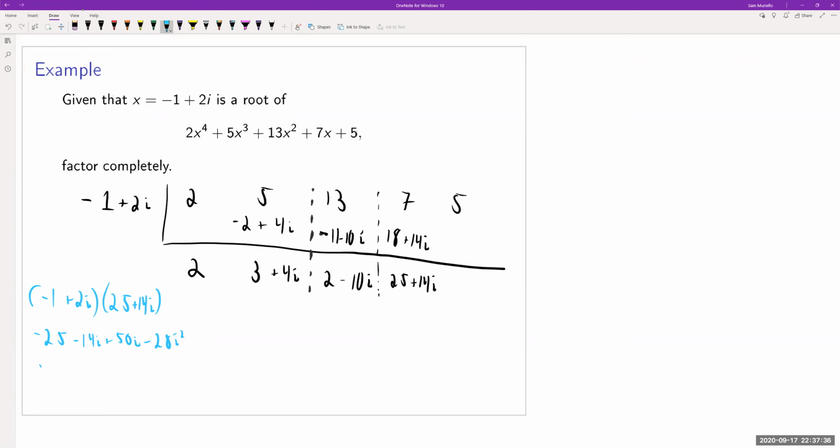So that will end up being 3 plus 36i. I think I did drop a negative somewhere, because this should have given me 0 if -1 plus 2i was a root.